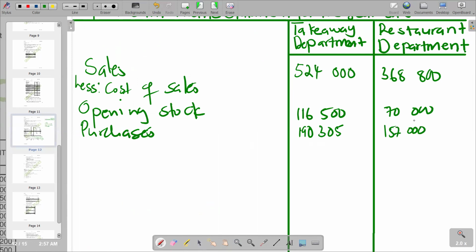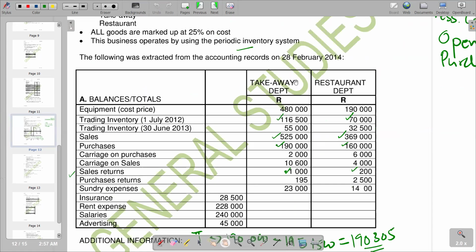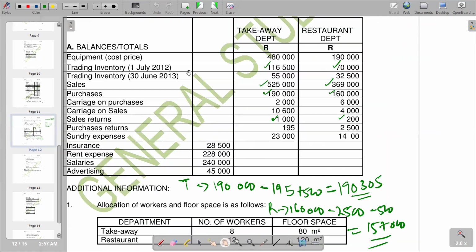So this is what we've got. Obviously, after that, we have added our purchases. We also need to check on carriage on purchases. So we can go back to our list of balances to see if we have got carriage on purchases in the question. So we go there.